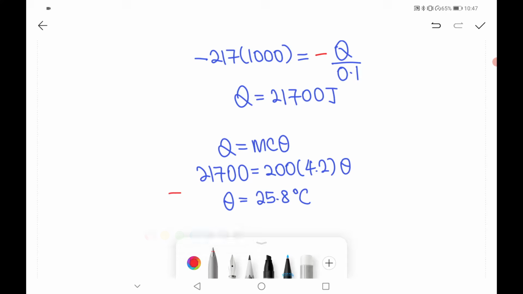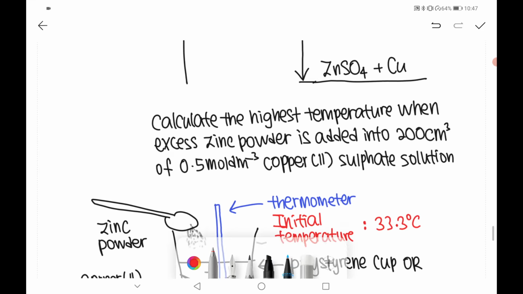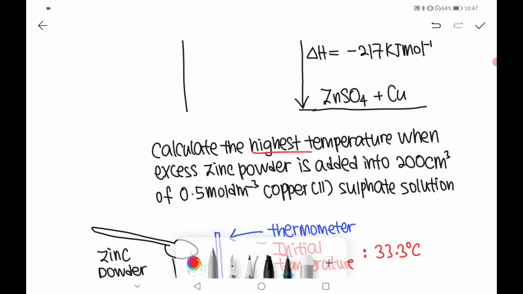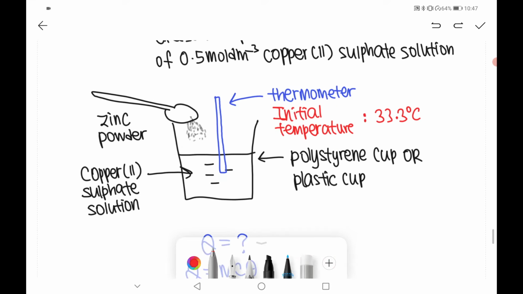Theta is the temperature change. They want us to find the highest temperature. So how to find the highest temperature? The initial temperature is given here, 33.3.